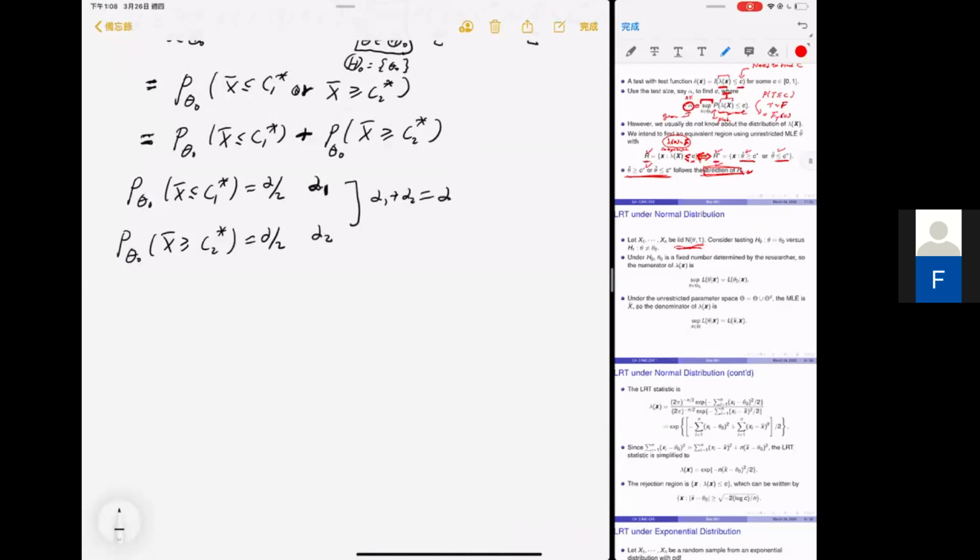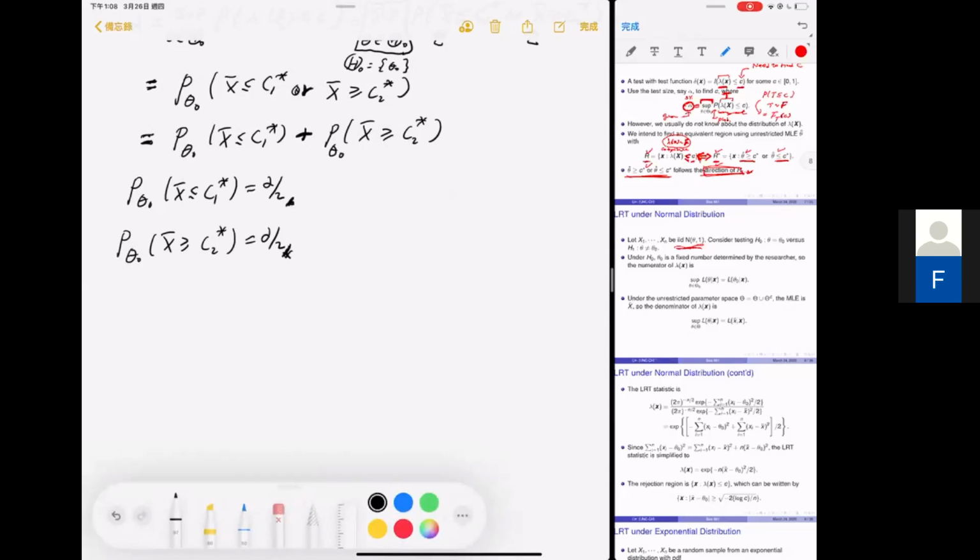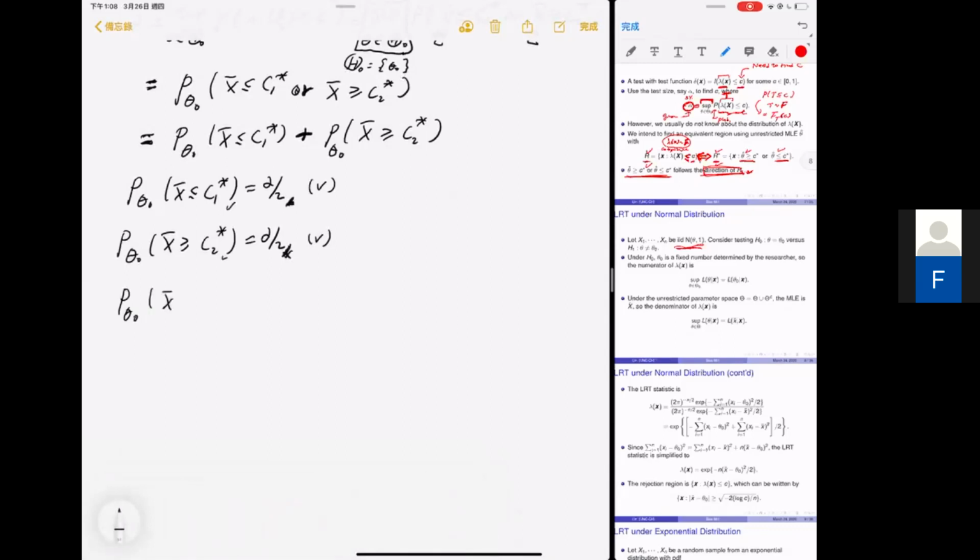So I'm going to divide it by half and half. Good. If you allow me to do so, that means I can work on this and this to find C1 star and C2 star. See how I work on it.